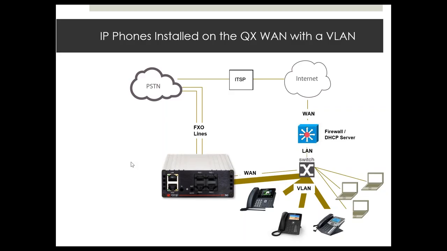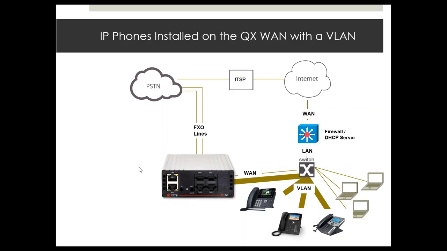So this is probably a typical installation. The customer's got a broadband connection, a firewall in place, a DHCP server, and their computers. So you come in with the system, connect the WAN port to that same switch, and those phones can be configured through their local network into the QX WAN port.